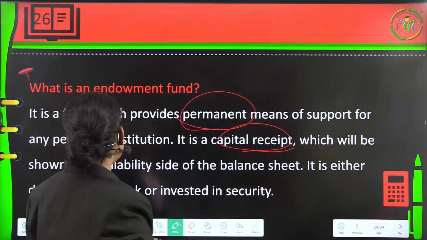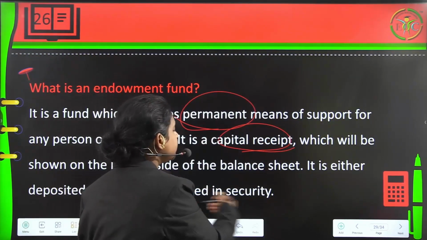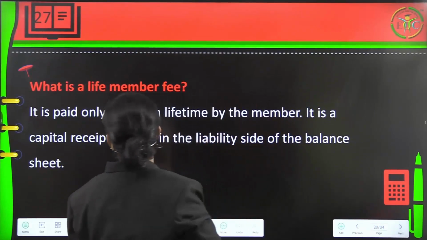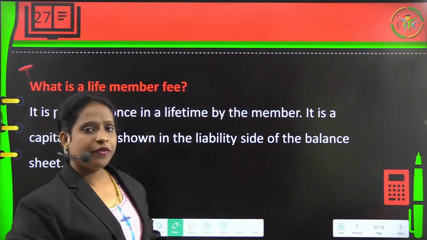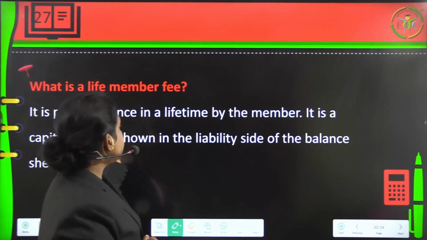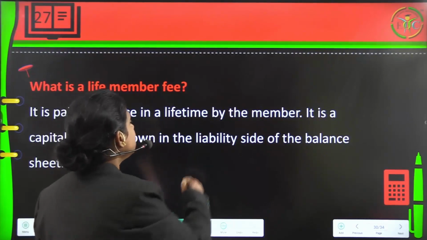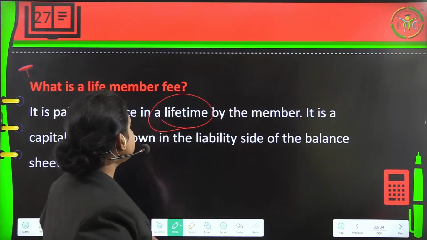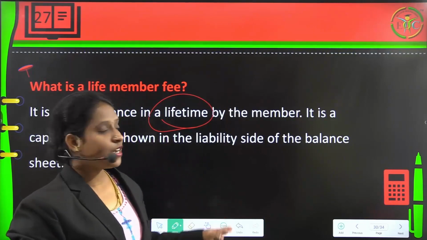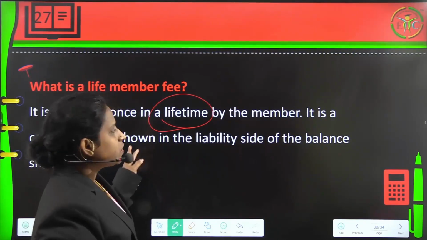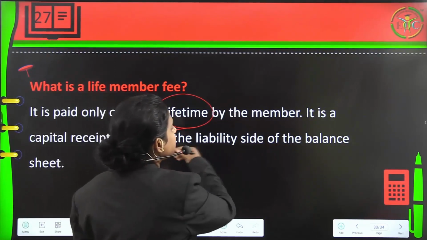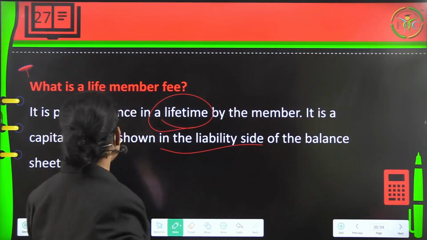It is either deposited in a bank or invested in securities. Then what is a life member fee? It is paid only once in a lifetime by the member. It is a capital receipt shown on the liability side of the balance sheet.